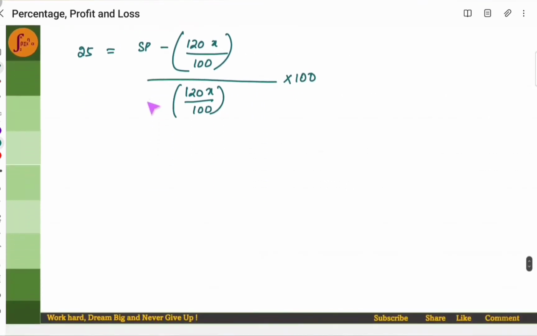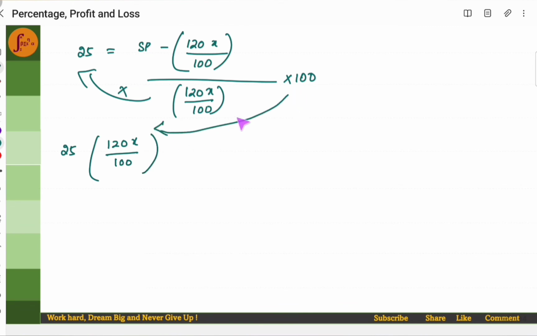So I'll shift this here, so it will become into 25 into 120x by 100. This when I shift, it will become divide by 100 is equal to SP minus 120x by 100.